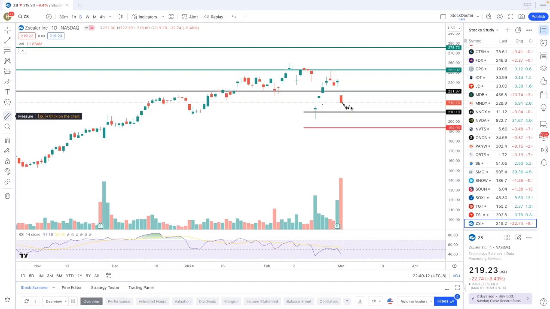If it respects 210, then it might go towards 230. And if it stays above 230, then it might go towards 250 and 275. But if it breaks below 210, then you might see the downside level of 195.